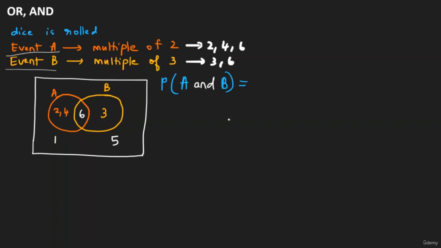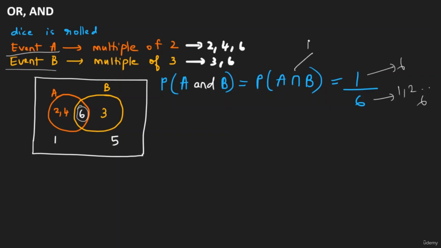This can also be written as the probability of A intersection B. That is equal to 1 by 6, because there is one outcome where A and B are satisfied, the outcome of getting a 6, and there are 6 possibilities that can happen in total, 1 to 6. So favorable by total is 1 by 6. That's the probability of A and B being satisfied, or the probability of A intersection B.